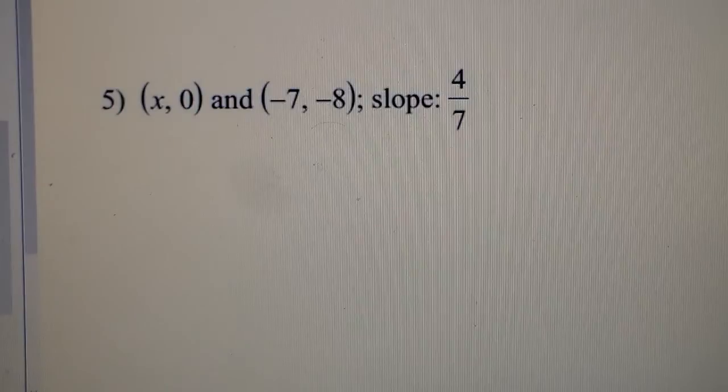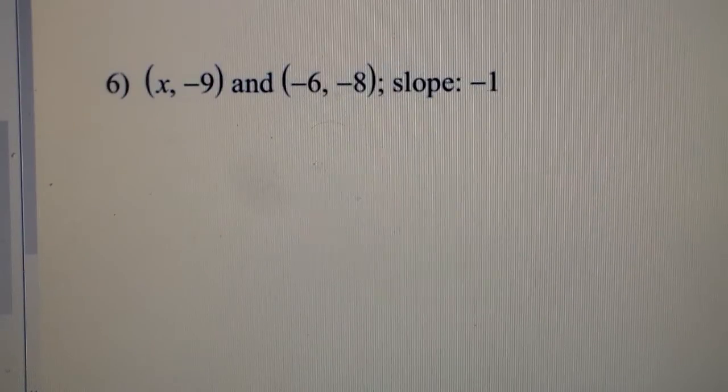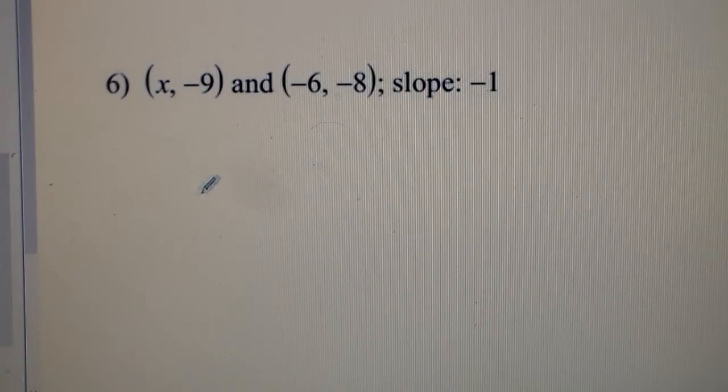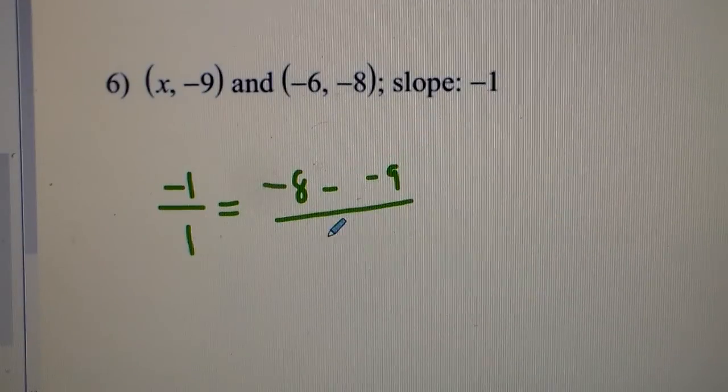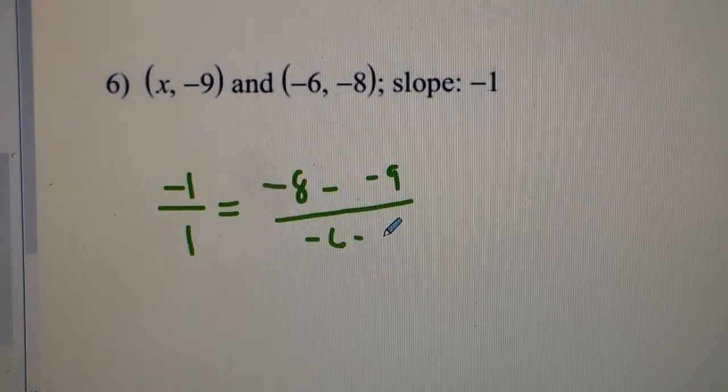There's a couple you could practice on your own. Remember, negative 1 is negative 1 over 1. Two negatives make a positive.